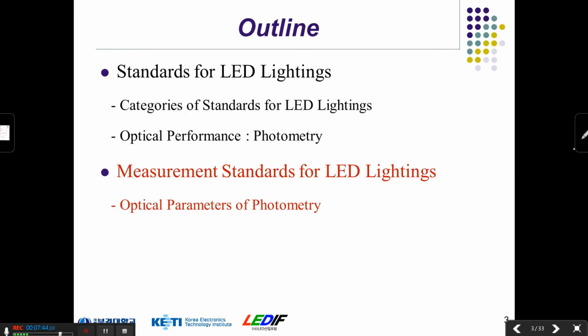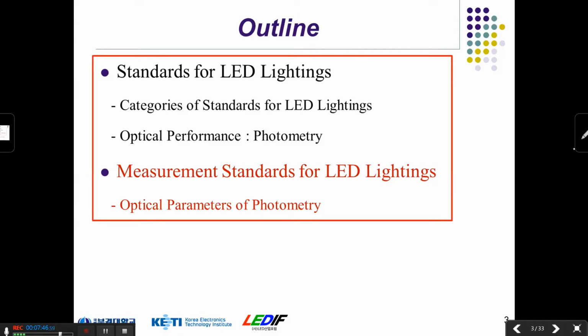In this presentation, photometry of LED lightings will be explained as the introduction to photometry of LED lightings, part 2.